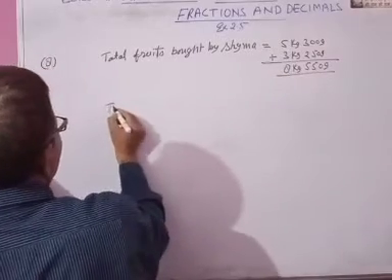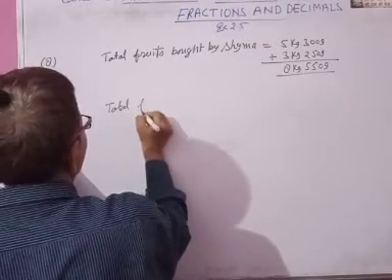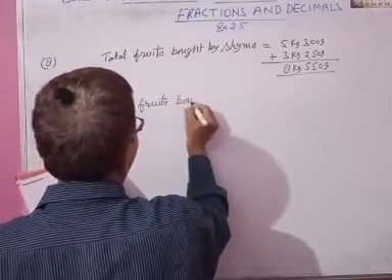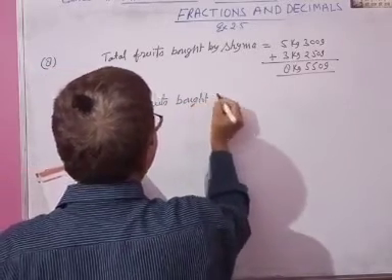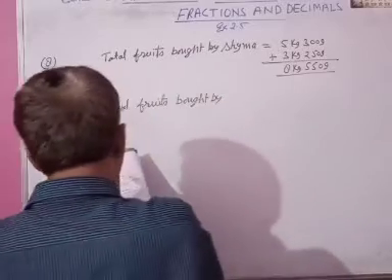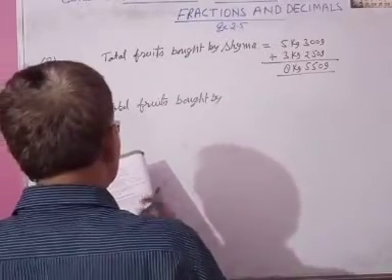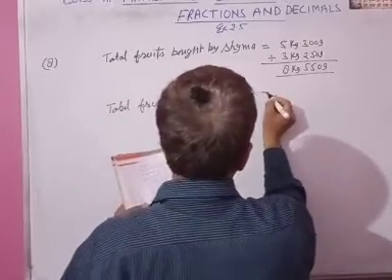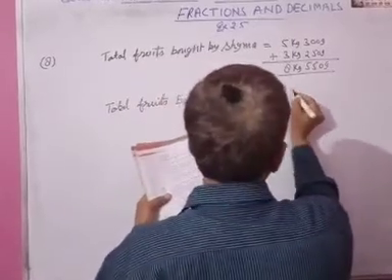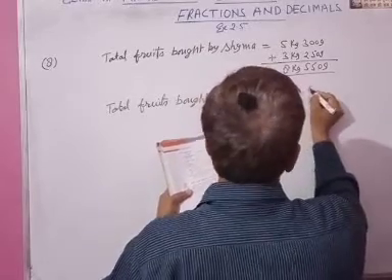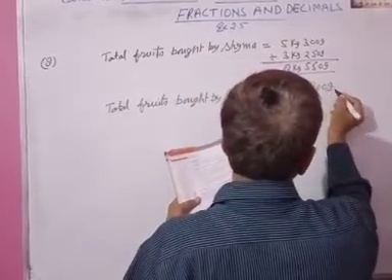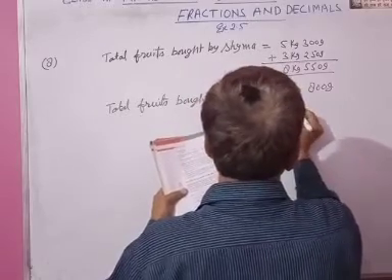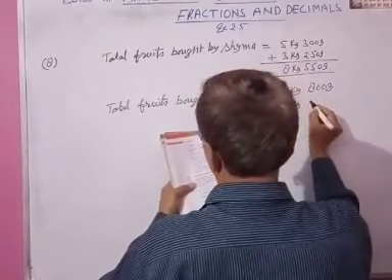Total fruits bought by Sarla equal to 4 kg 800 gram plus 4 kg 150 gram.